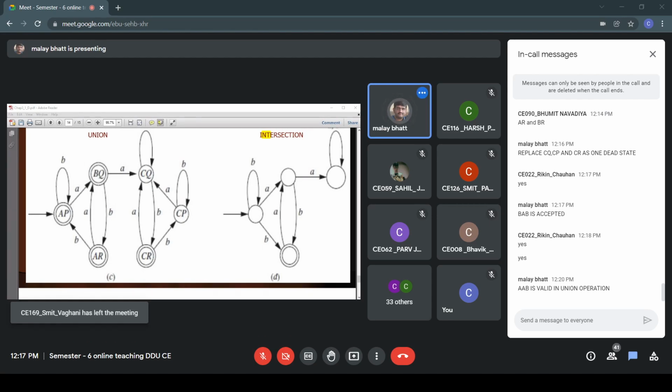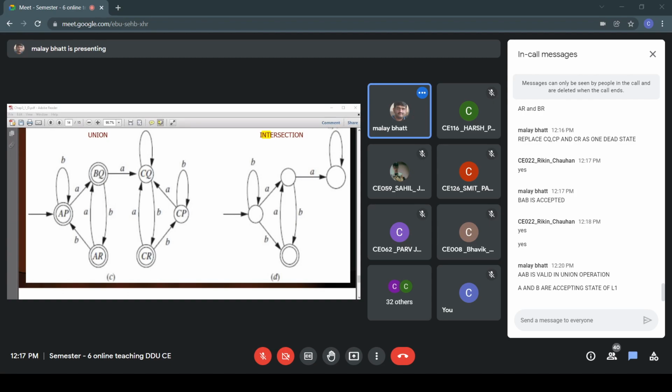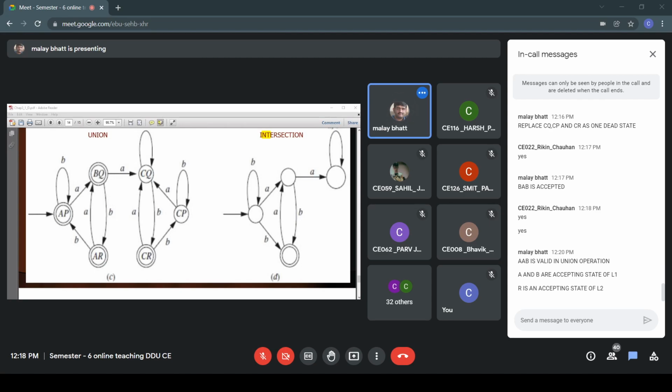So in case of union, A and B are accepting states of L1 and R is an accepting state of L2. So you can see that AP, because A is an accepting state, is shown with a double circle.